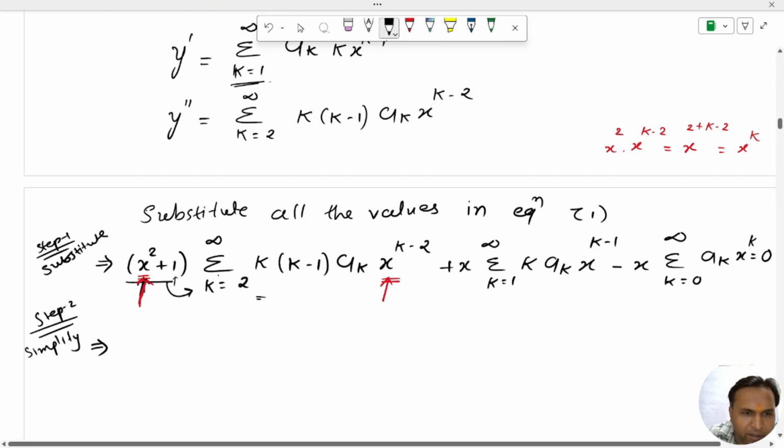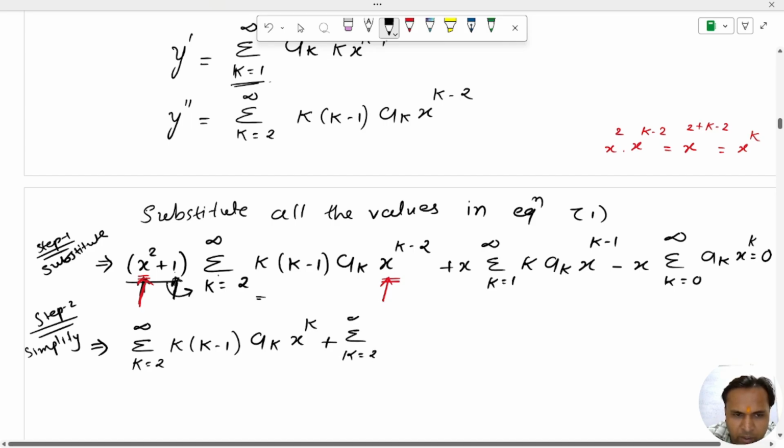So if I multiply x squared with this one, it becomes summation k equal to 2 to infinity, k minus 1, a_k, x raised to k. That is done. Plus, now multiply 1 with the equation, so there is no change: summation k equal to 2 to infinity, k minus 1, a_k, x raised to k minus 2. Same as it is, no change.